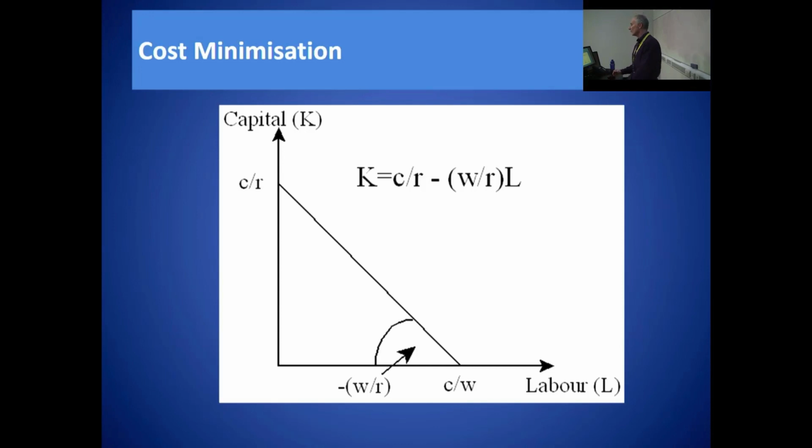So, for example, if the price of the good on the horizontal axis increased, what would happen to the budget constraint? It would pivot inwards. And that's exactly what would happen with the isocost curve.